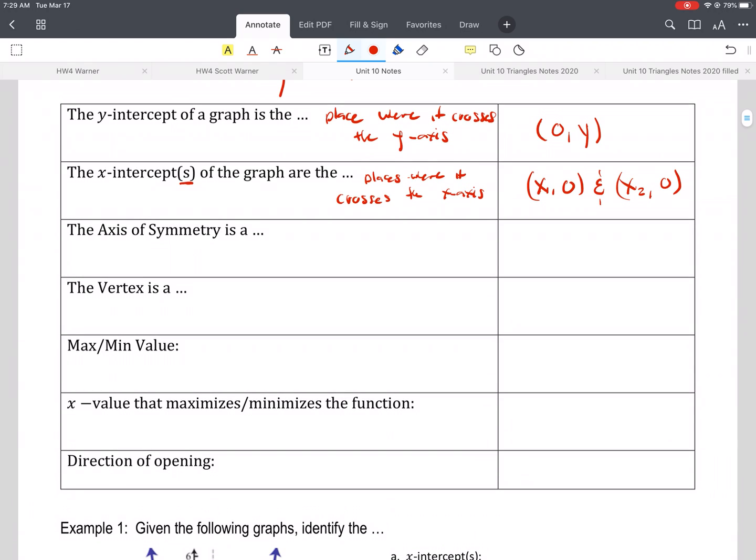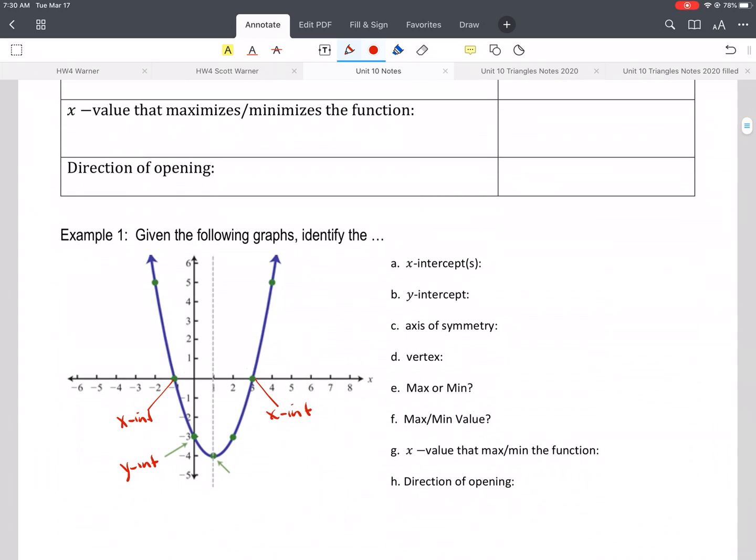Axis of symmetry. The axis of symmetry is a vertical line that cuts the parabola in half. For example, this right here would be our axis of symmetry.